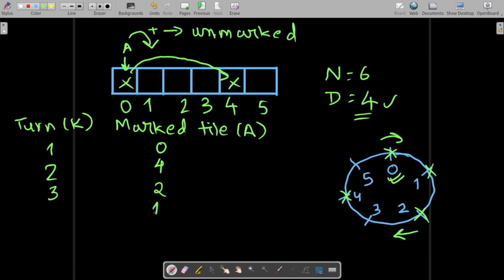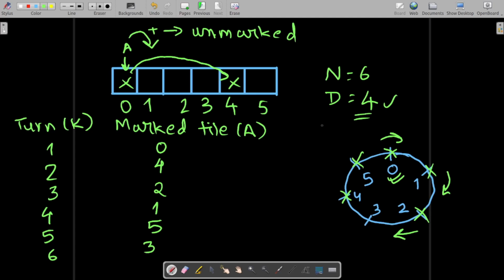So tile number 1 gets marked in the fourth iteration, and then we are going to repeat this process. That means we move 4 steps in the clockwise direction and we'll land on number 5. So in the fifth turn, we mark the tile number 5, and finally we will land on tile number 3, and that will be the tile that is marked last.